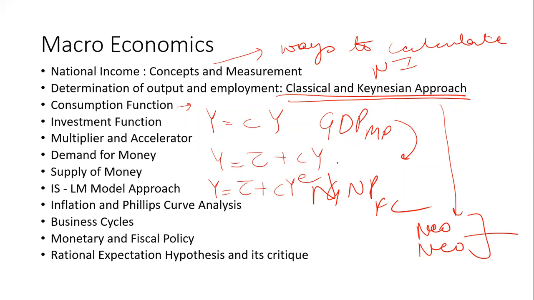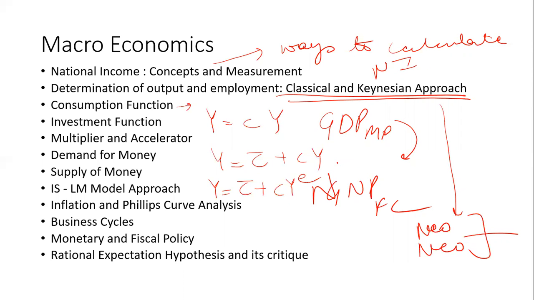What are the different hypotheses in the ways that I consume my income? Do I consume my income only on the basis of the current income, or also on the basis of the past income, or on the basis of changes in income? I want to understand that using various hypotheses, which I will focus on during the subject.